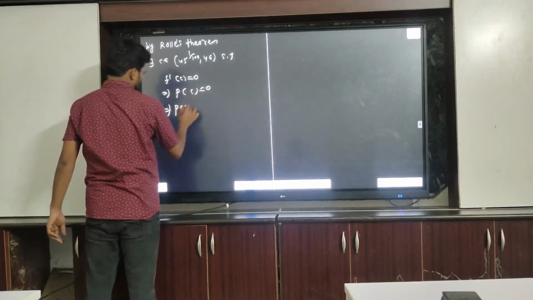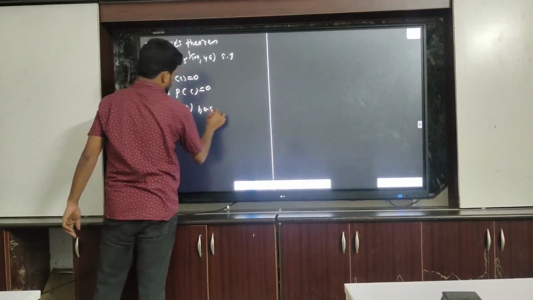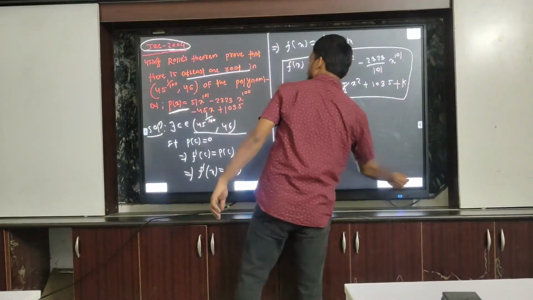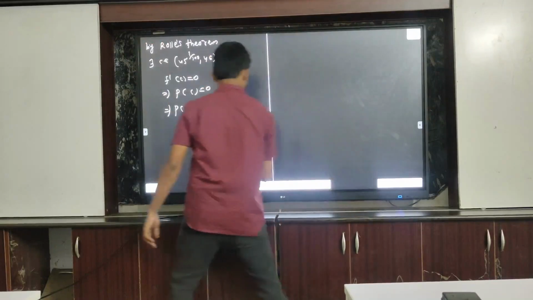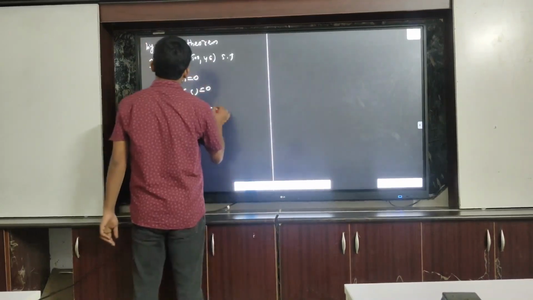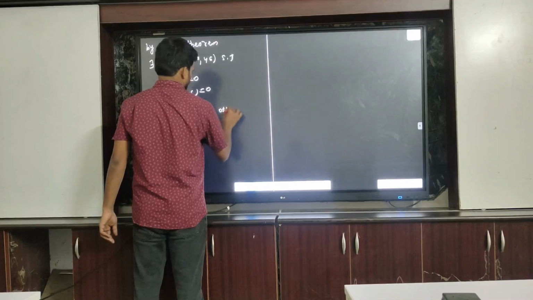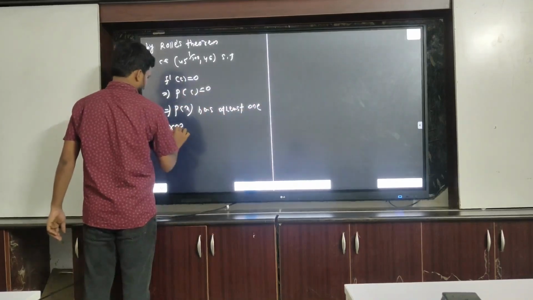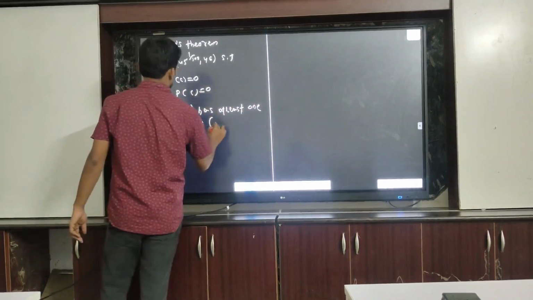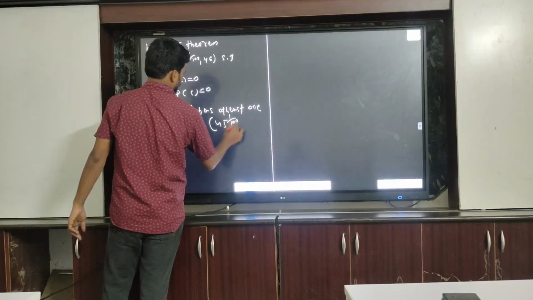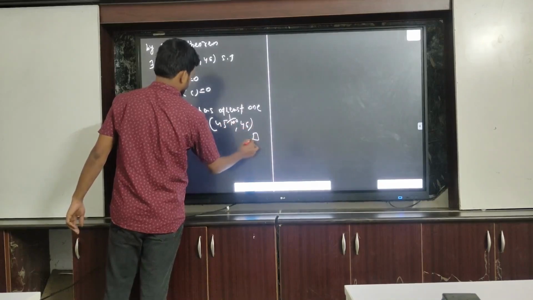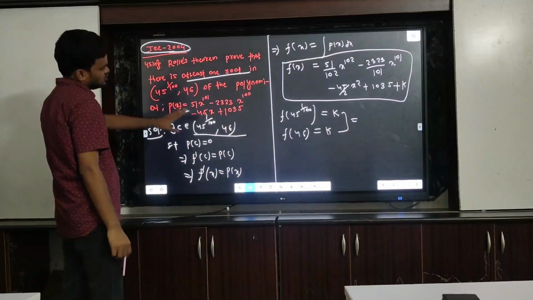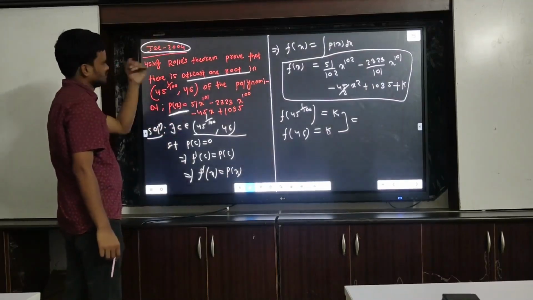That means P of X has at least one root in this interval. This is what we need to do on that side. We need to just go back direction from the Rolle's theorem.